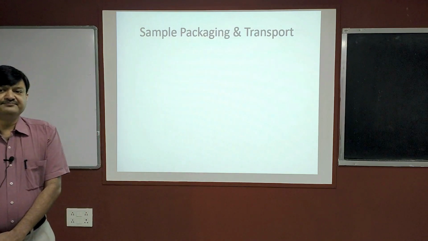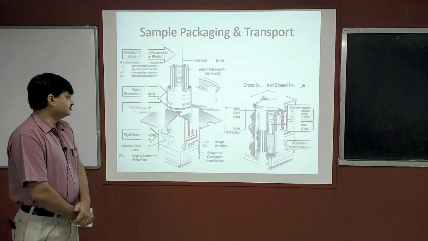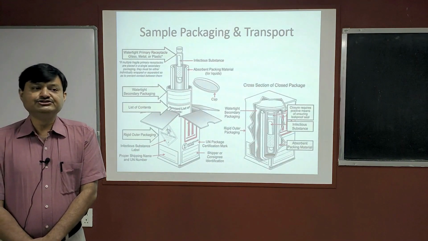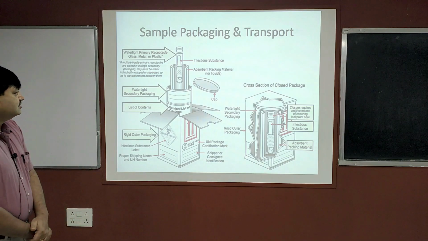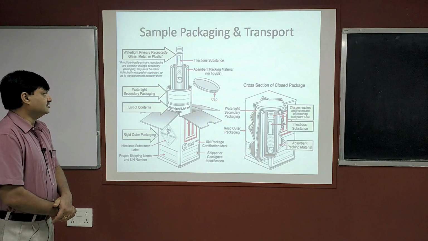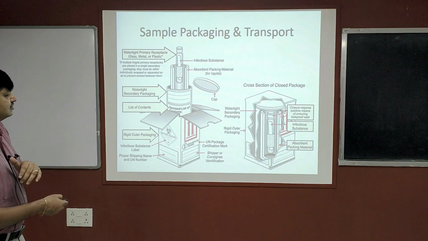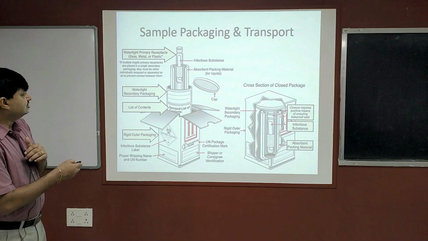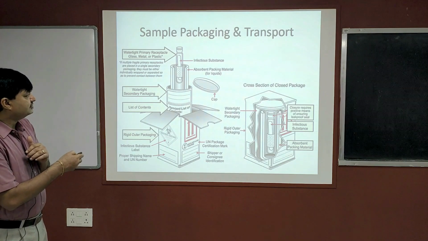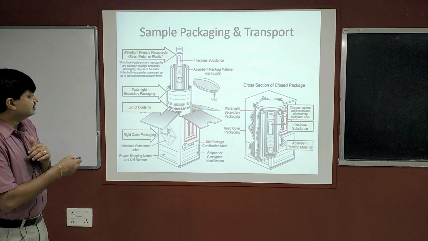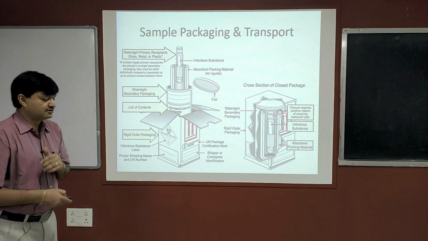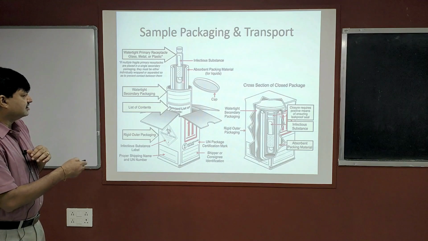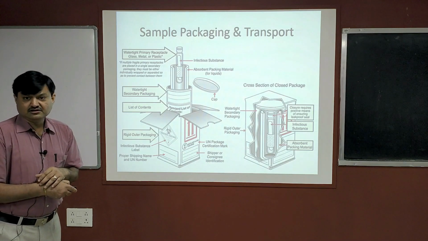The next part is sample packaging and transportation. It is very important that when the sample is collected, it should immediately be packed in a triple layer container. So this is a typical example of triple layer packing, where the first one is in which the swab is kept inside, usually a plastic container. The second one is a waterproof packing, another plastic container.